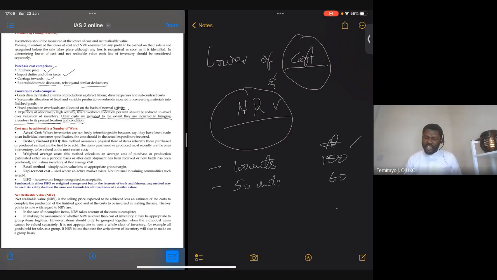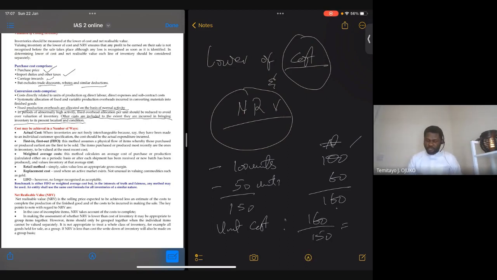We are saying that the value of the inventory is going to be 100 plus 60, which is 160, divided by the units, which is 100 plus 50, which is 150. The unit cost of your inventory is going to be 160 over 150. That is what we are saying here.